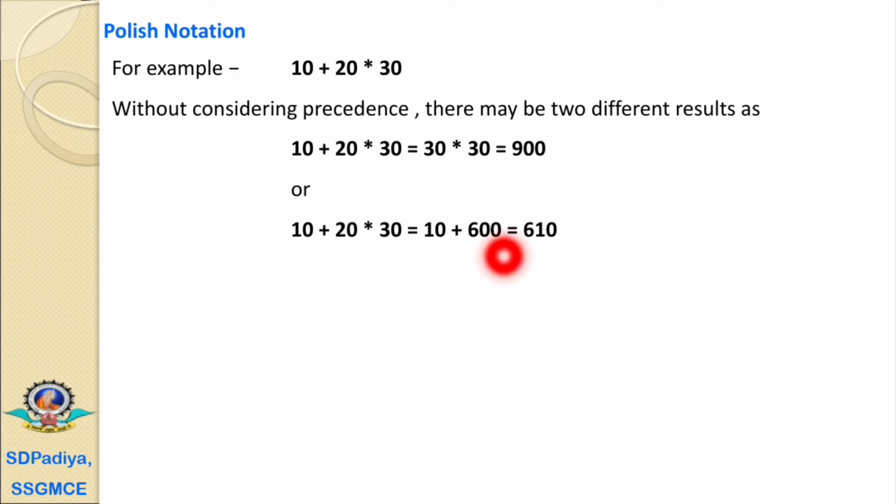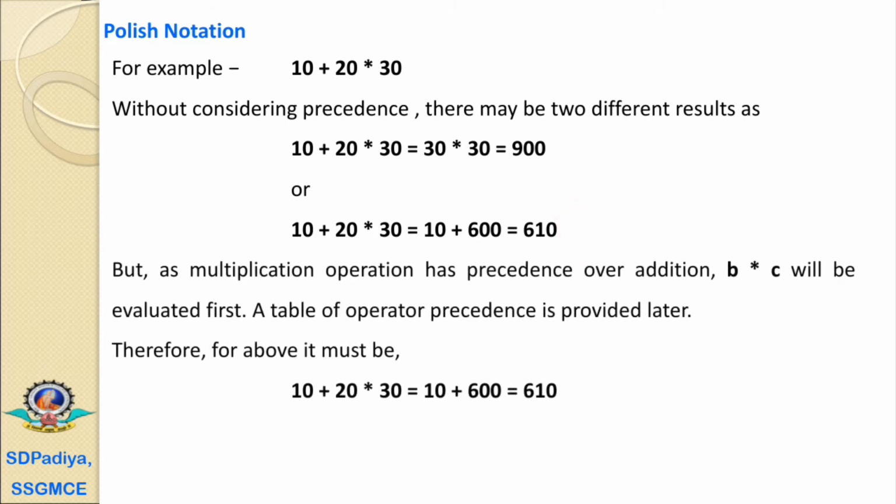You can check that if we do not have precedence, or if there is no bracket, then there are two possibilities. Then the question is whether we go with this style and the result is 900, or the result is 610. To clear this, we use the precedence.